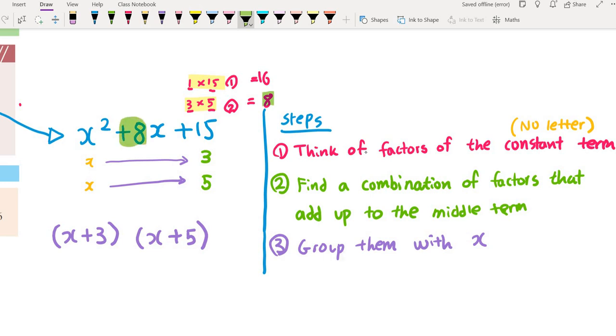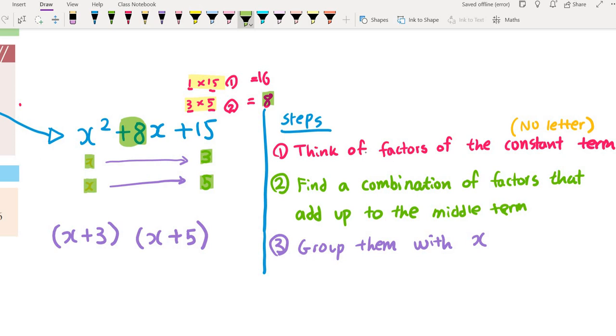So in this case, you can see we will have to pick 3 and 5. Once we pick them, we can write 3 and 5 here underneath the 15. And underneath the x squared, we write the factors of x squared, which are x and x.